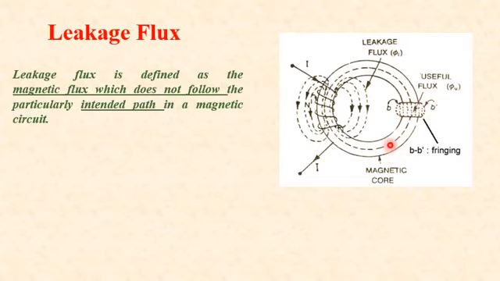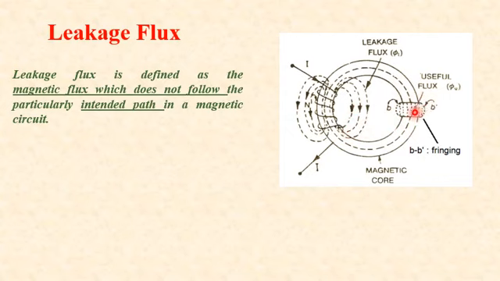But what actually happens is that some of the flux will leak into the surrounding air, and this flux won't reach the air gap. This flux that is leaked into the surrounding air is known as the leakage flux. The flux in the air gap is usually known as the useful flux.